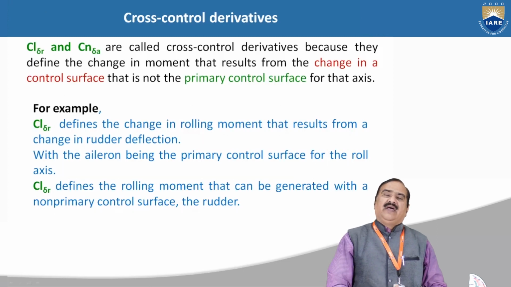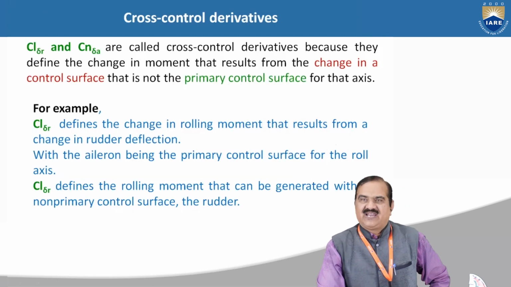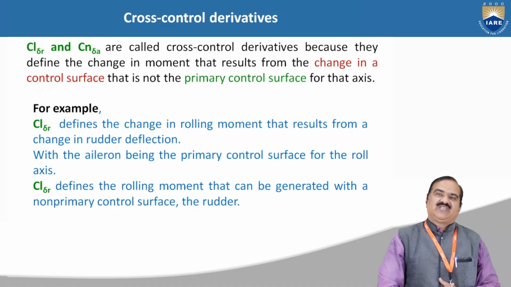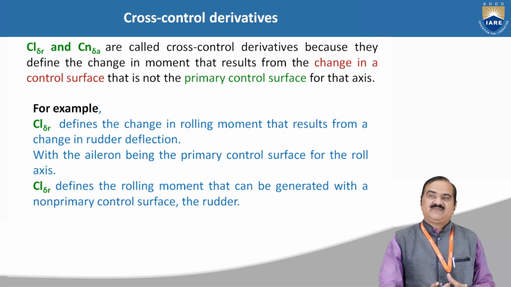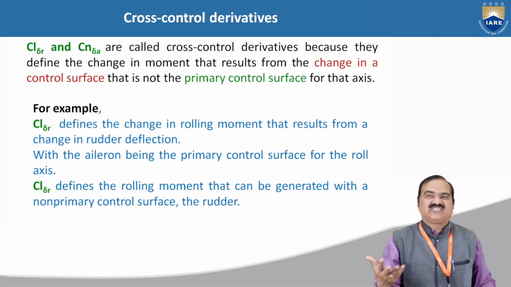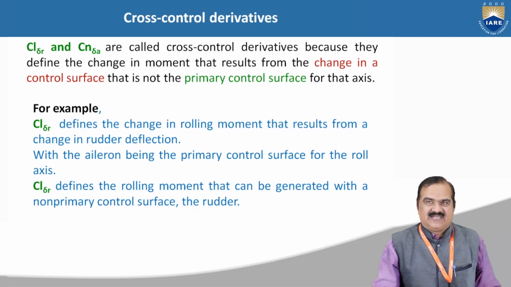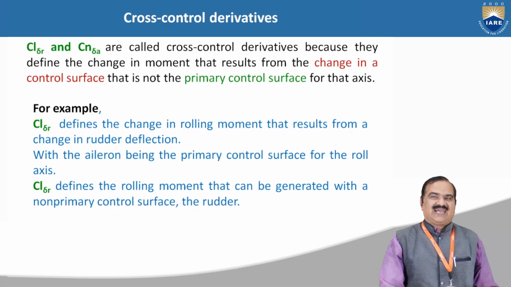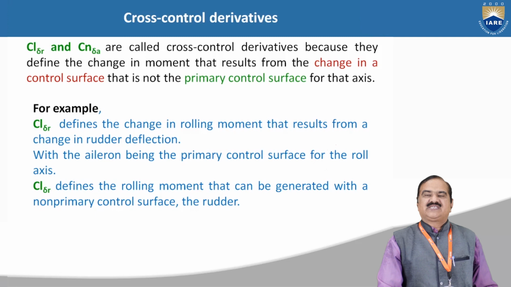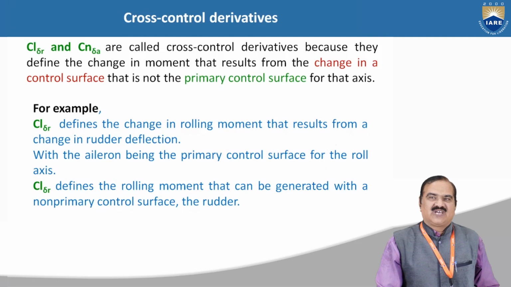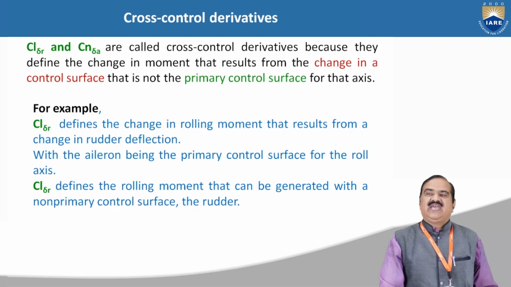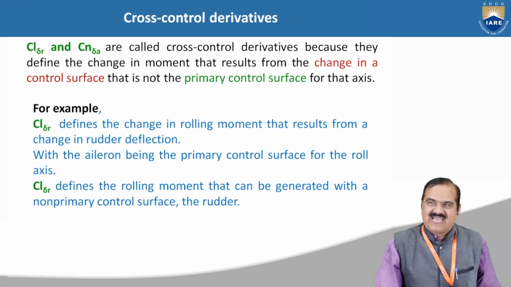Now, next is the cross control derivatives. Previously, we discussed the primary control derivatives. Now it is the cross control. It means you apply something and something else happens, like Cl delta R and Cn delta A, which are called the cross control derivatives because they define the change in moment that results from the change in a control surface that is not the primary control surface for that axis.